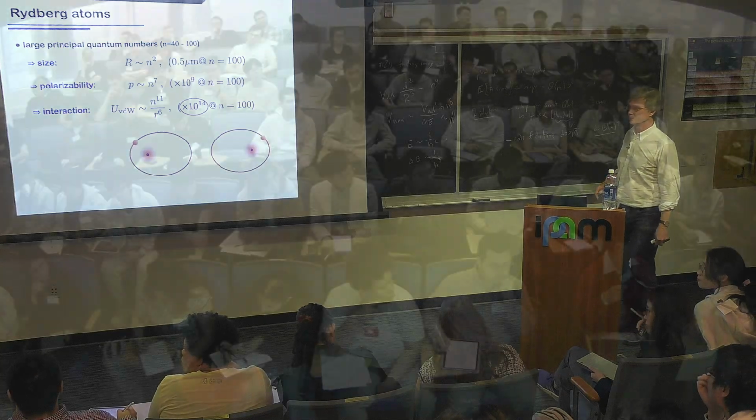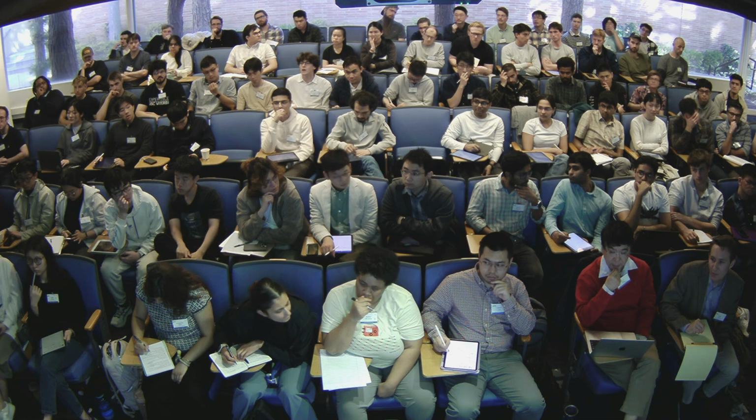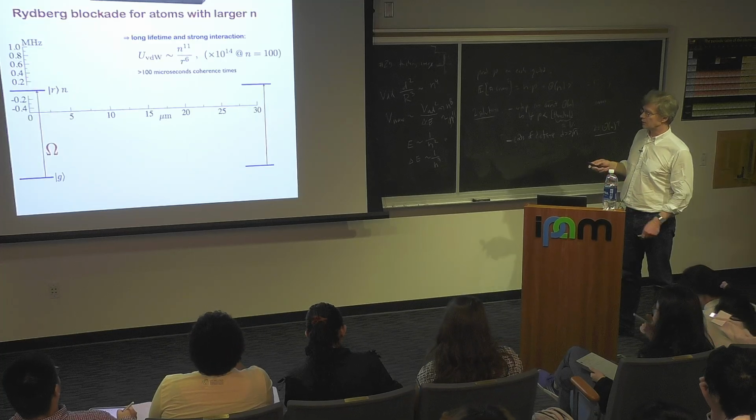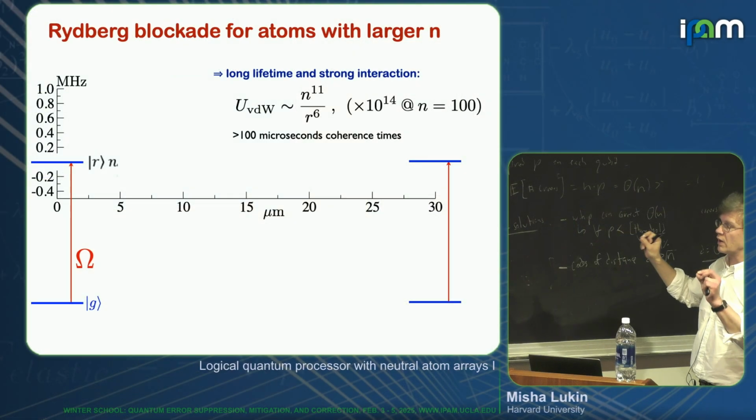If you bring the two Rydbergs close together, you'll turn on a proper exchange interaction. Yeah, exactly, it's a good point. This picture is really valid when atoms are very far away.